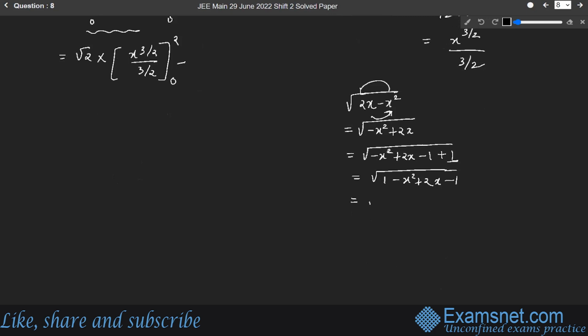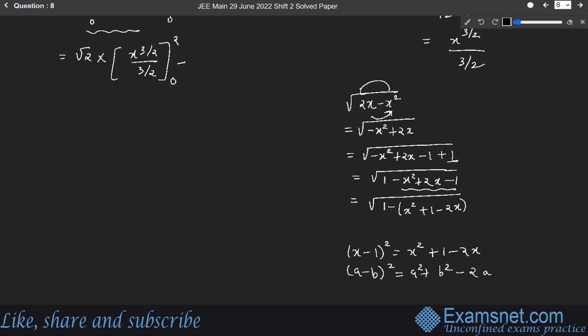Now under root of 1 minus, if we take minus common from these three terms, it will be x square plus 1 minus 2x. x square plus 1 minus 2x is basically equal to x minus 1 whole square, because x minus 1 whole square is equal to x square plus 1 minus 2x, by using the formula for a minus b whole square, which is a square plus b square minus 2ab.